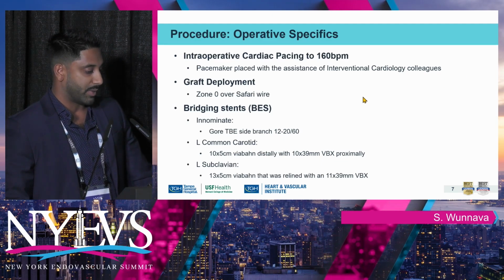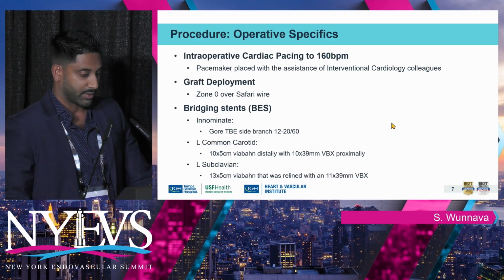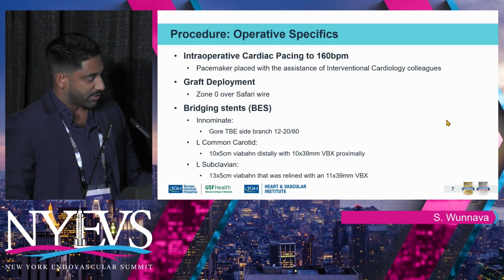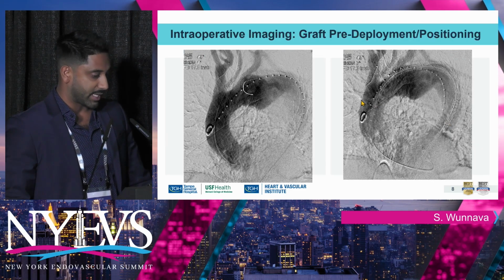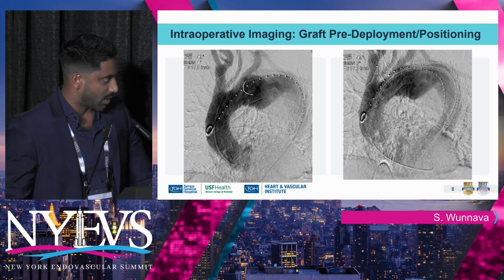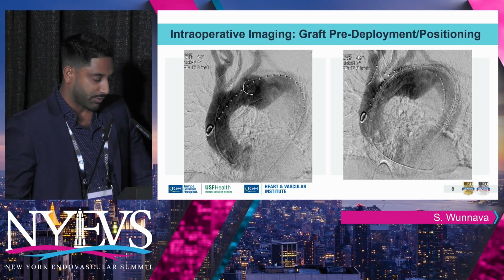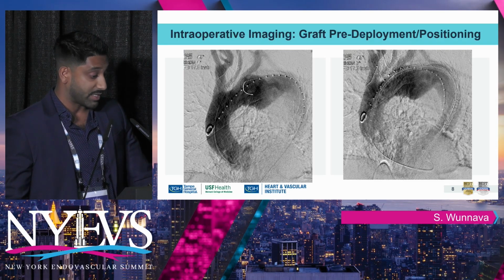We can go through them, but you'll notice we used the Gore TBE side branch, given the diameter of the innominate, and then we had 2 landing Viabahn with the VBX bridging stents, which I'll show you in just a second. So here, a little bit of imaging. The initial one shows our diagnostic angio, if you will, showing the positioning of the 3 vessels.